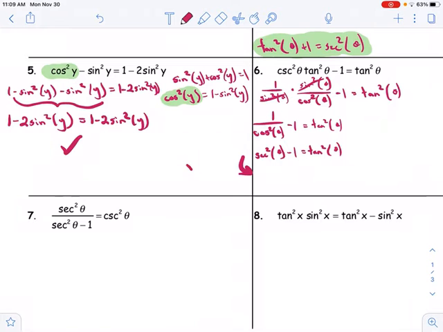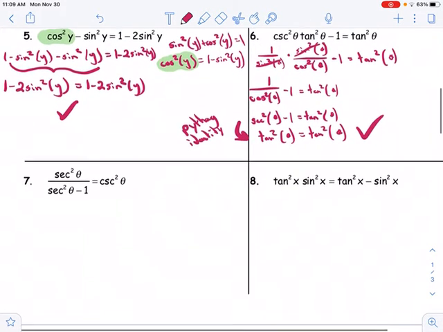So in this next step, I would just be applying this Pythagorean identity to say secant squared theta minus 1 is tangent squared theta. And that's what I was trying to set this equal to. So I didn't need to adjust my right-hand side at all, and I was just able to prove this with a straight adjustment on the left-hand side.